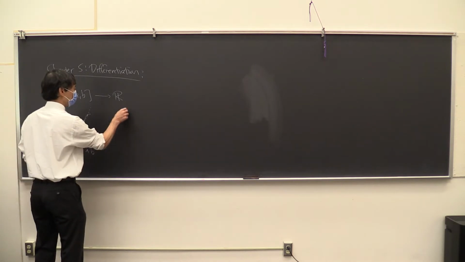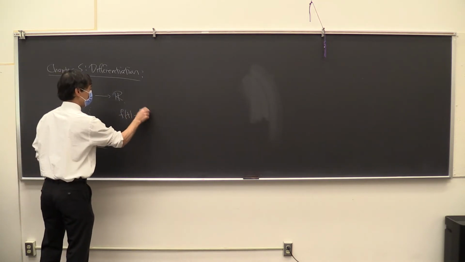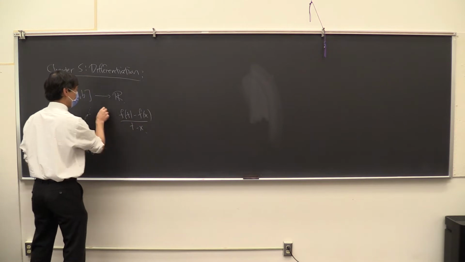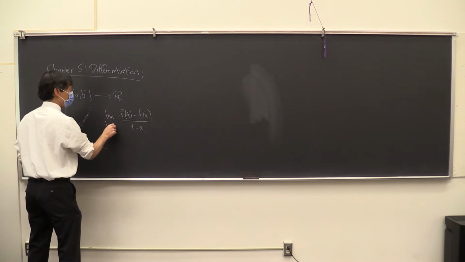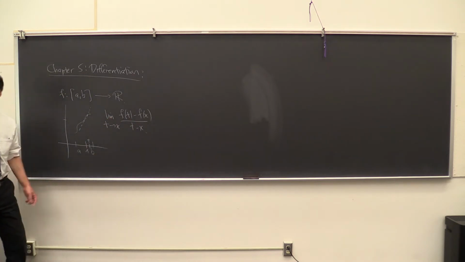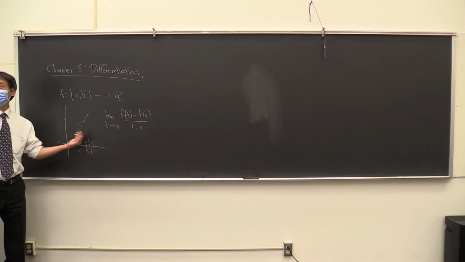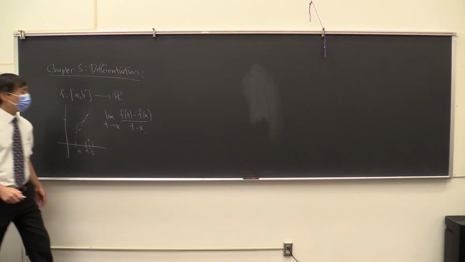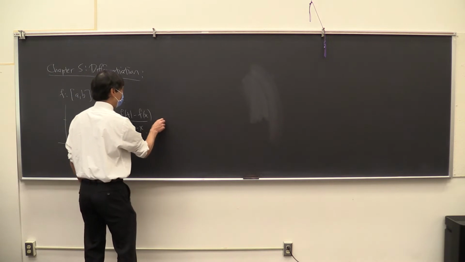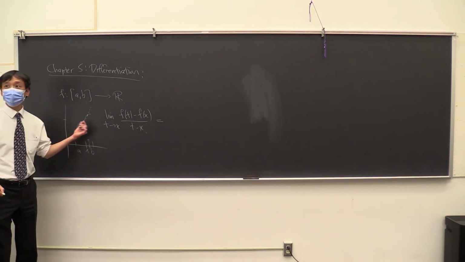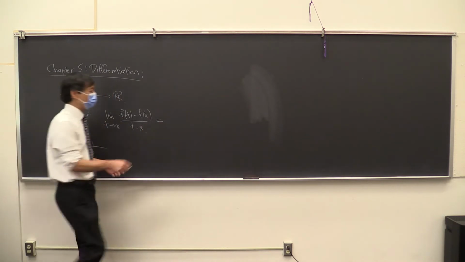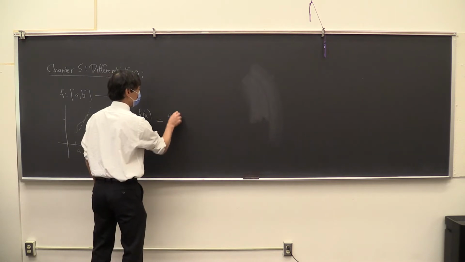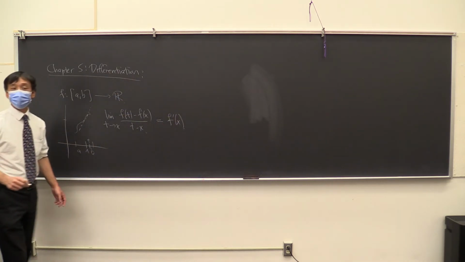So you look at f of t minus f of x over t minus x, and then you take the limit as t approaches x, right? So that could be from the right-hand side or from the left-hand side, doesn't matter. And if that thing actually converges to something, then you call that value the derivative.